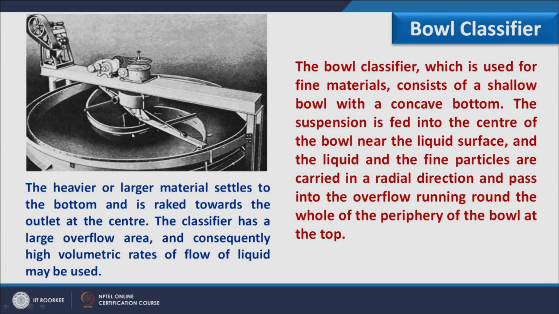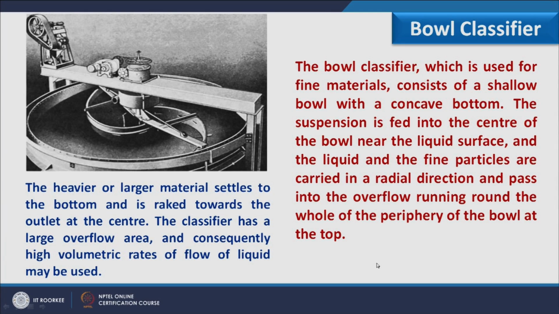After some time, when settling takes place, the coarser particles settle down at the bottom of the bowl. However, finer particles which are suspended are collected in the ring available at the periphery, which you can see in this section.